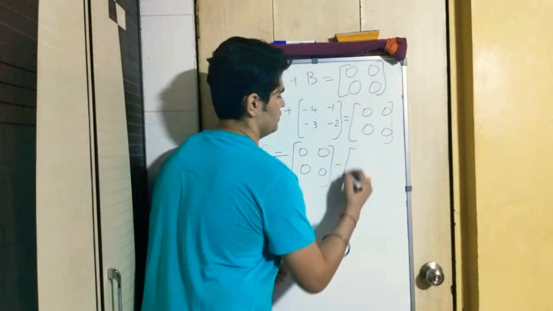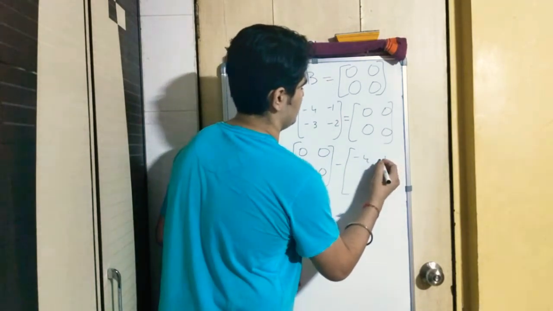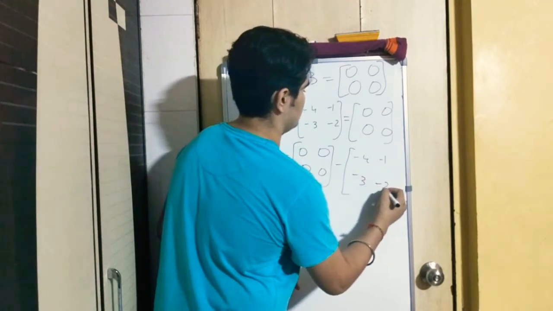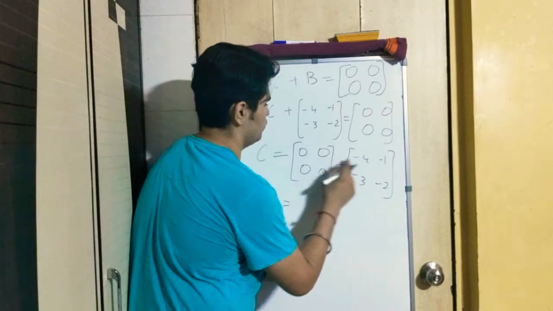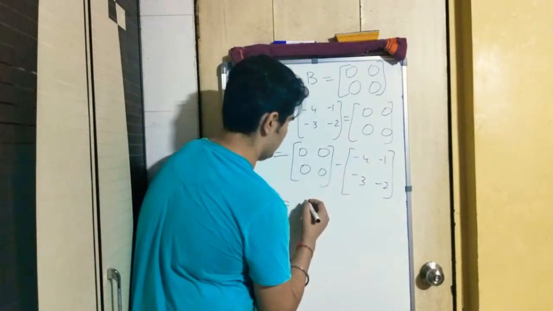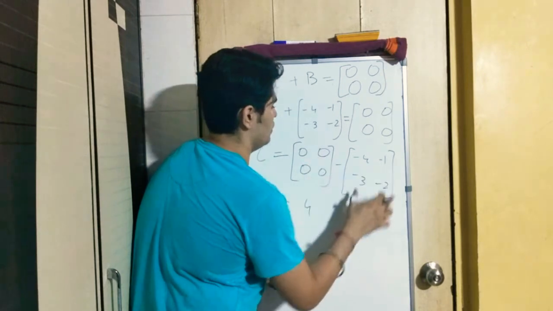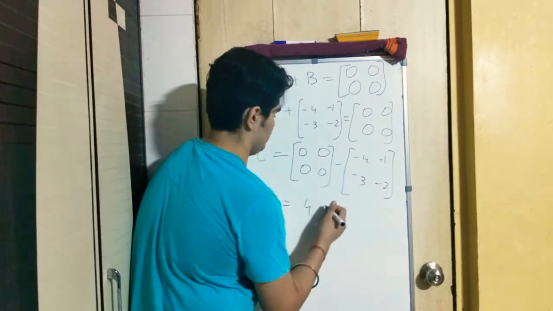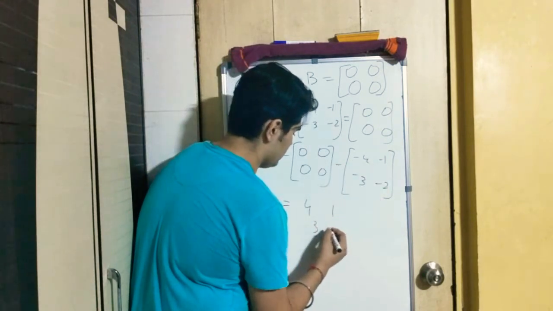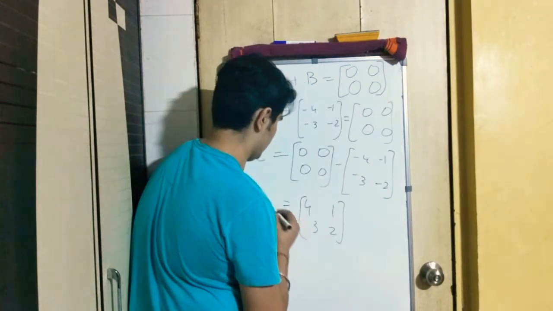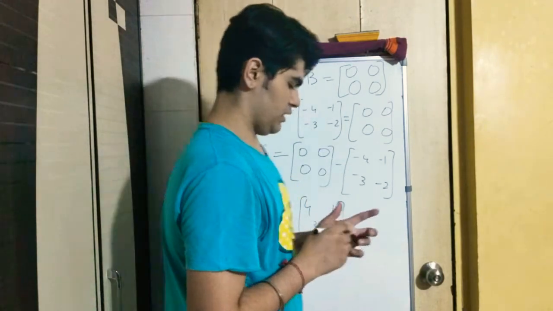So it goes to minus 4, minus 1, minus 3, minus 2. So 0 of minus 4, so 4. So all the things here will be positive. You just have to multiply the minus sign inside. So 4, 1, 3, 2. So here you get the C matrix. You can copy it down.